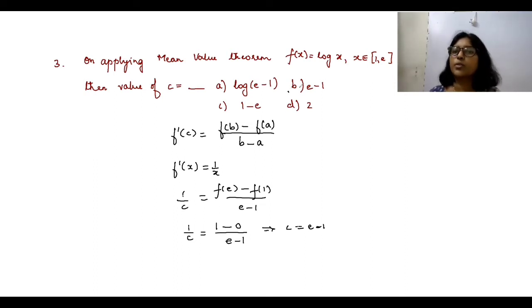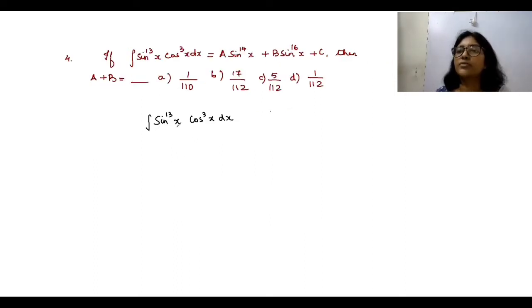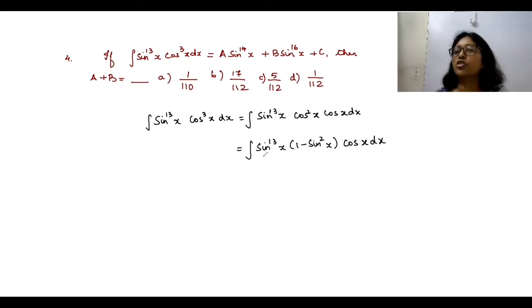That's option B. So here we have sin x raised to 13 into cos cube x dx, integration of this. So the one with smaller degree, we will convert that, like we'll write it as cos square x into cos x. The cos square x we will write as 1 minus sin square x.